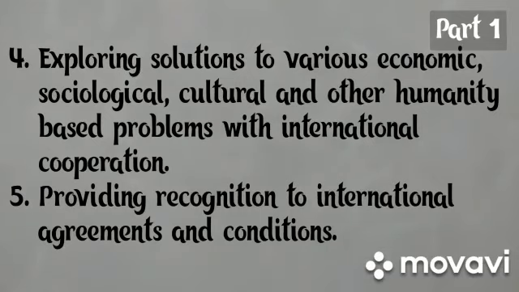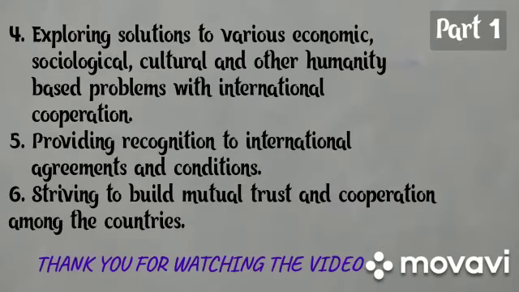Now, all countries of the world have come together to stop climate change. They are taking steps to prevent global warming. So who gives recognition to such international agreements? It's the United Nations Organization. It's UNO. And the last aim of the United Nations Organization is striving to build mutual trust and cooperation among the countries. Thank you.